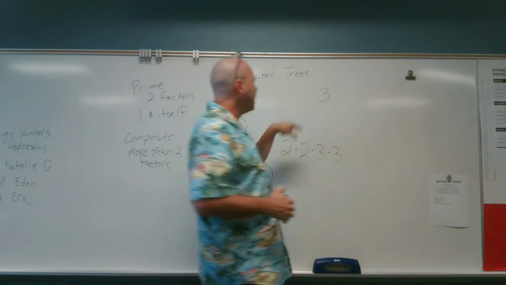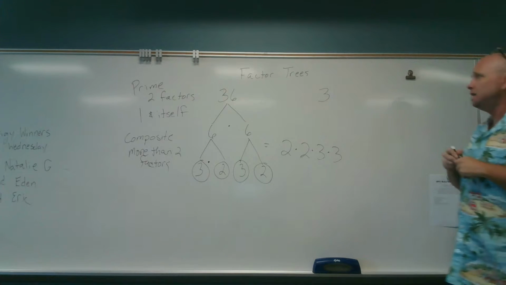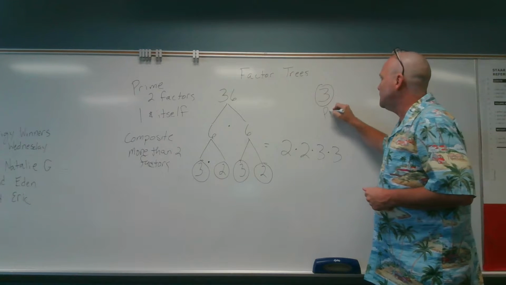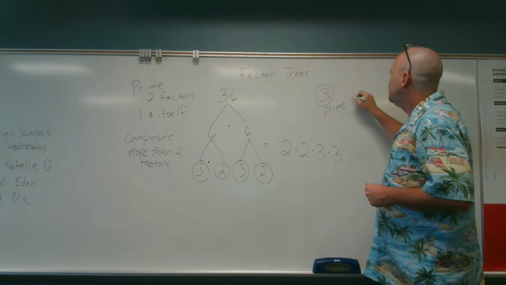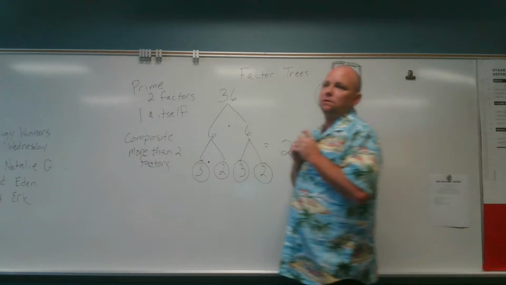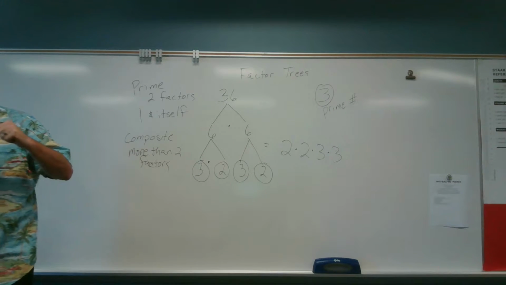Now, if you have the number 3, which happens to be prime, you're done. Which I think is on your mountain math. You cannot make a factor tree for a prime number, because a prime number has 2 factors, 1 and itself.